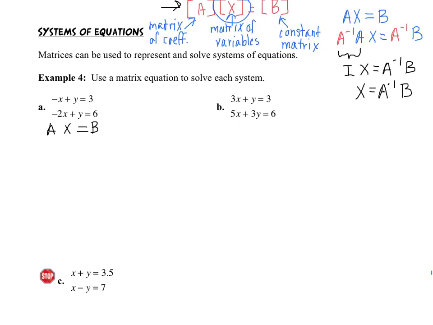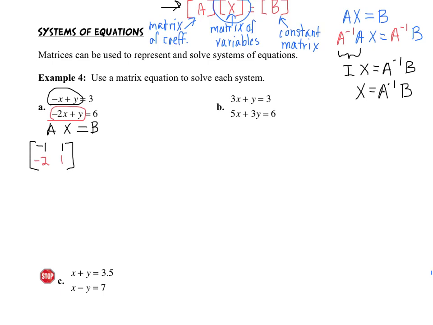So matrix A is my matrix of coefficients. So -1 and 1, those are the coefficients of the first equation. And then -2, +1 are the coefficients of my second equation. So I'm getting those numbers from here and from here, the coefficients of each equation.